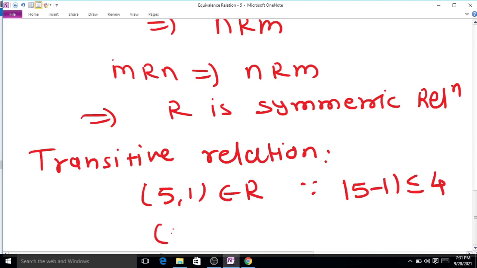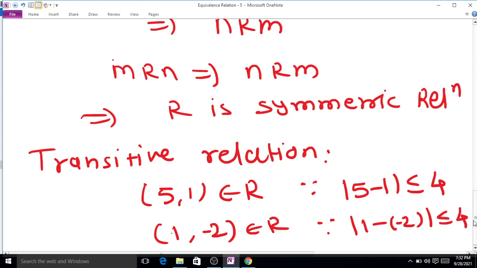Also, 1 and -2 are related, because the distance between 1 and -2 is also less than or equal to 4, because their distance is 3.